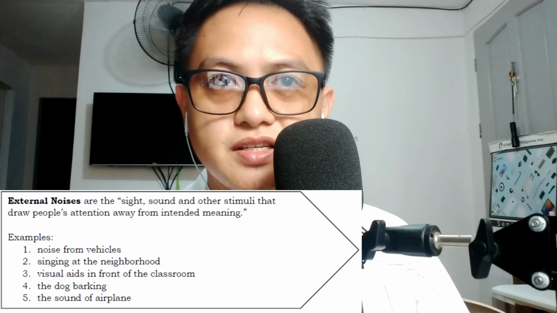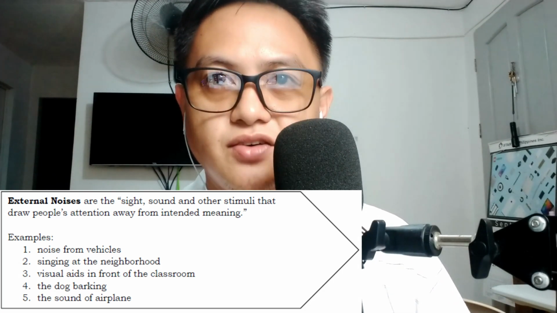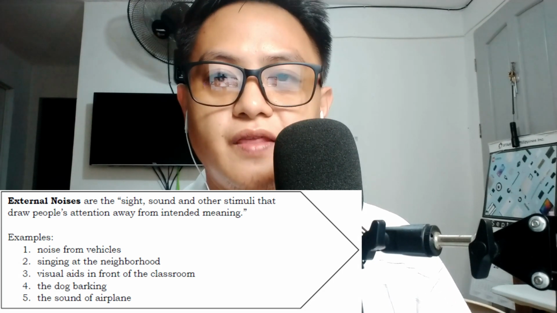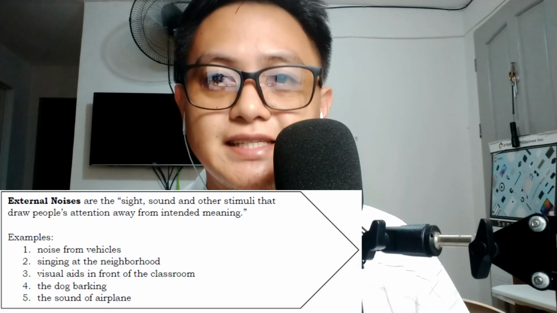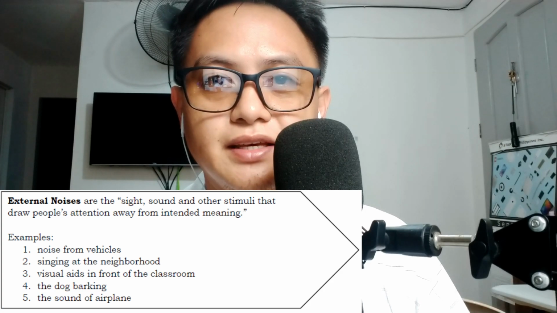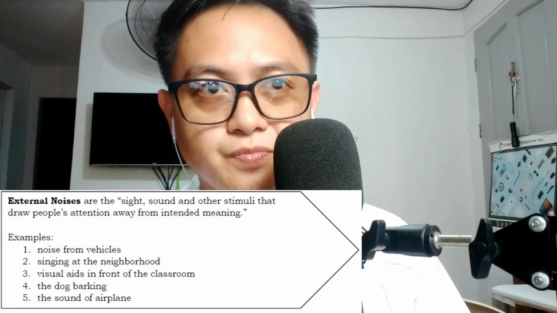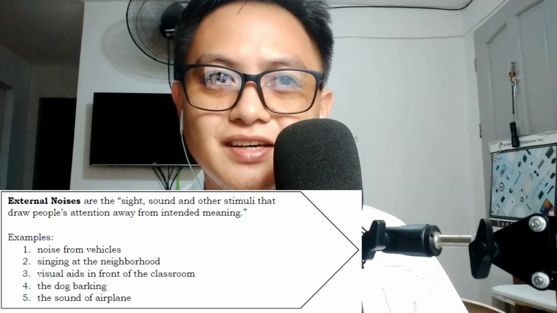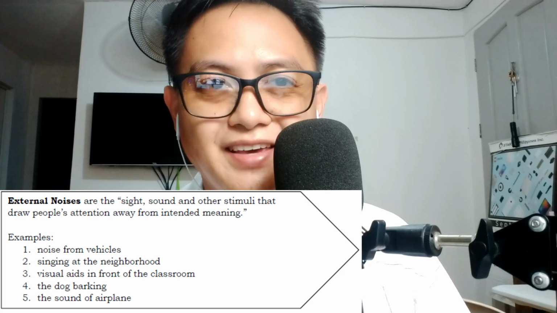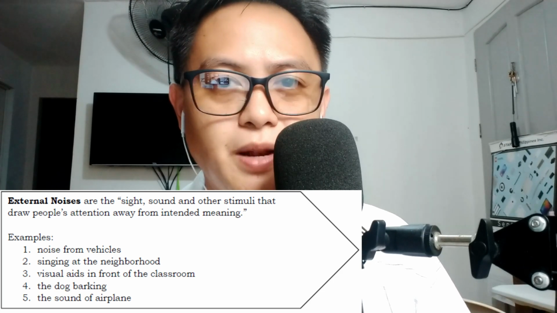External noises are the sight, sound, and other stimuli that draw people's attention away from intended meaning. Examples of these are noise from vehicles, singing in the neighborhood, visual aids in front of the classroom, the dog barking, the sound of an airplane.